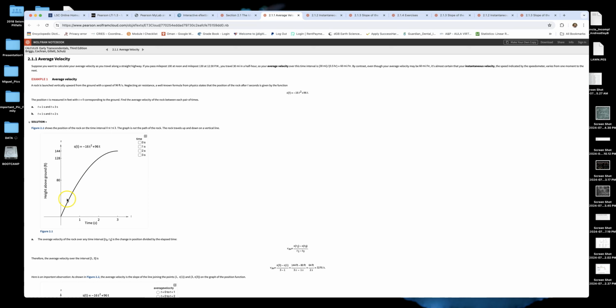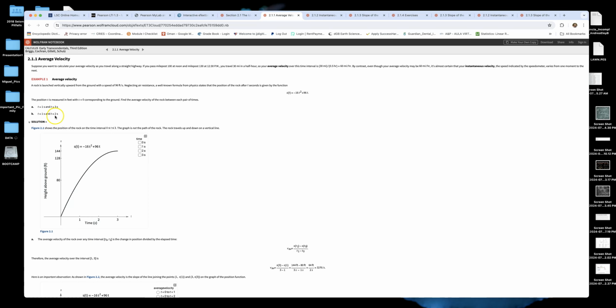That's the reason the quadratic is dipping downward, and from there you're going to compute the average velocity between two reference points in time.